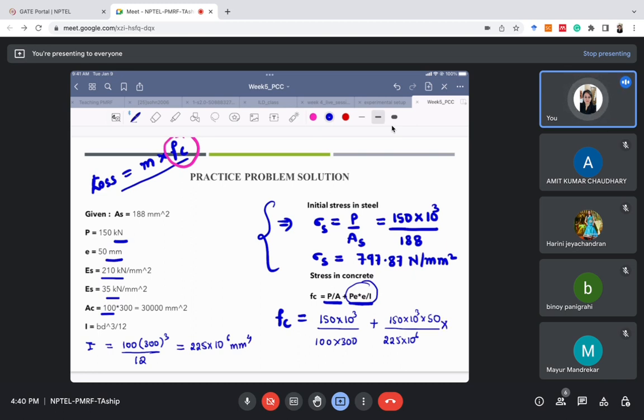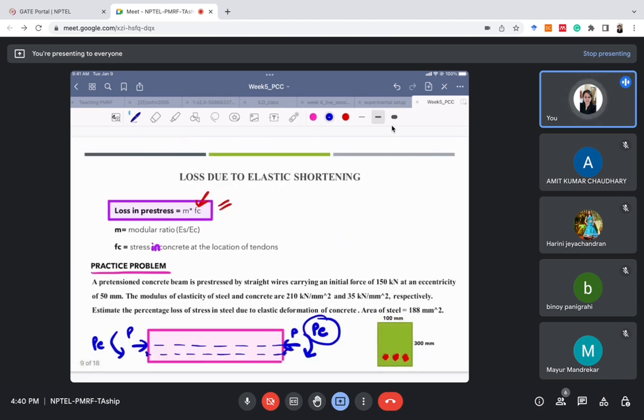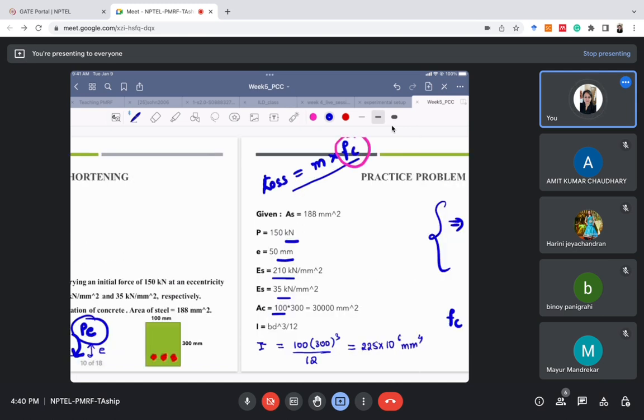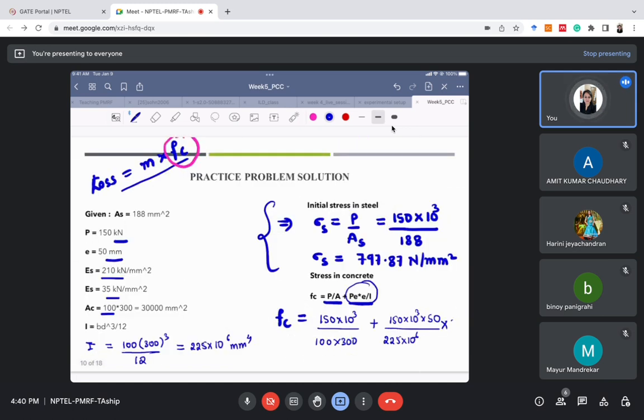So I have told you Y is the position where we need to find the stress. Here, where do we need to find the stress? We need to find the stress at the location of the tendons. Okay, so where is the location of the tendon from the neutral axis? The tendons are located at a distance of E. So E is 50.